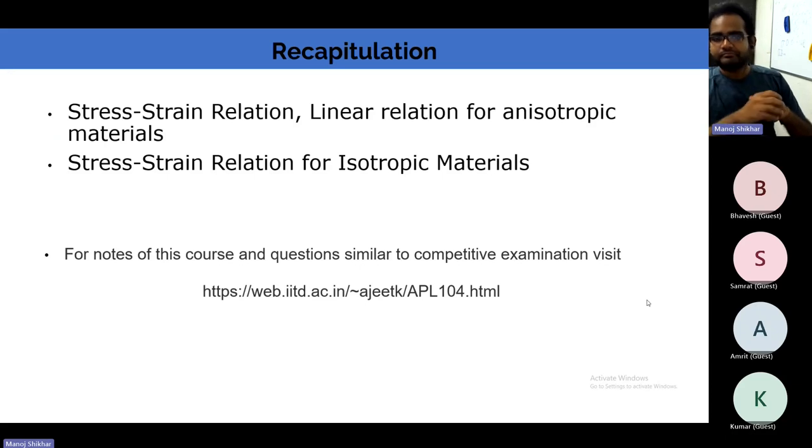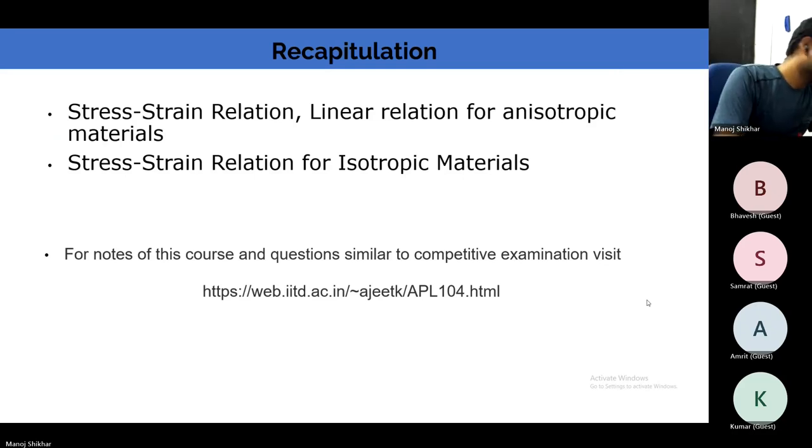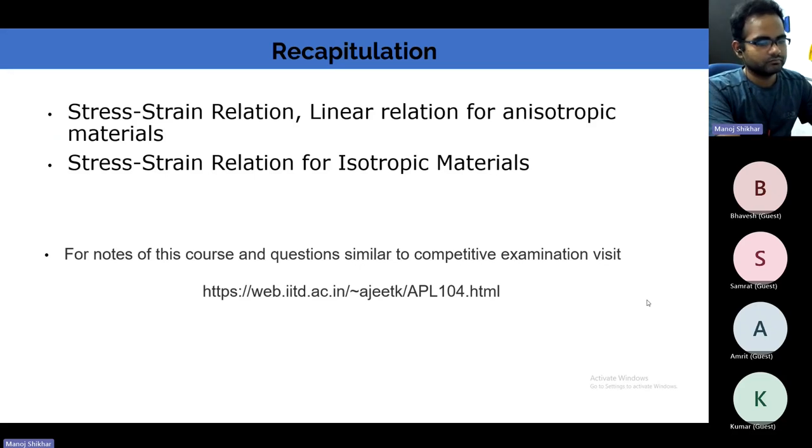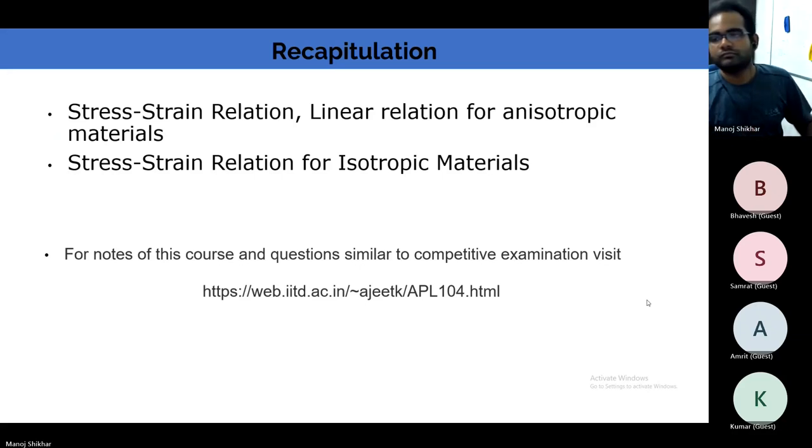And you can download the PDFs from there. These PDFs have small questions as well as subjective questions.